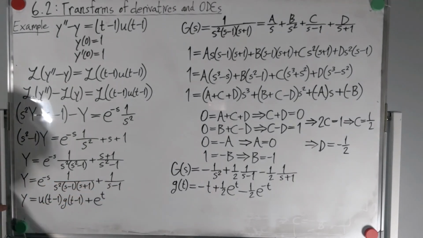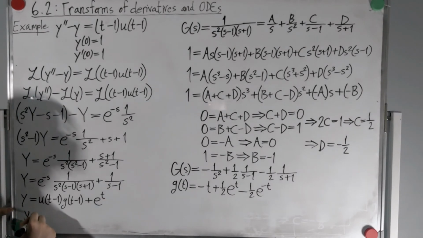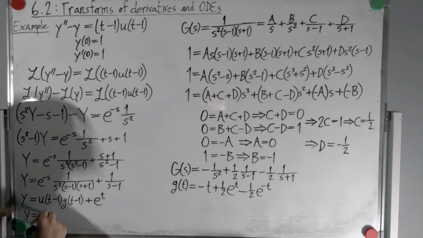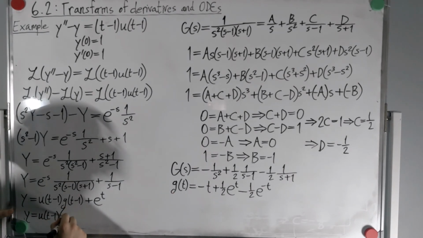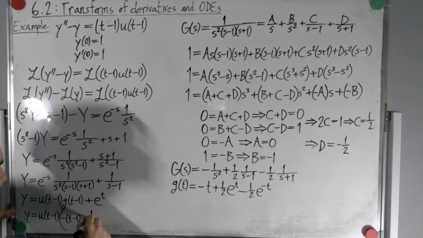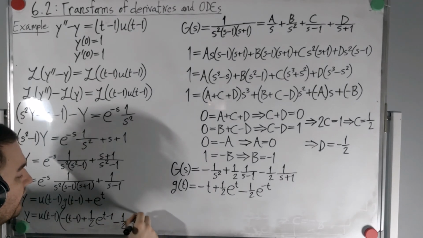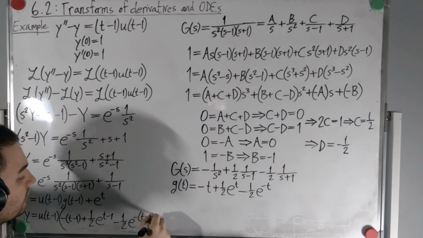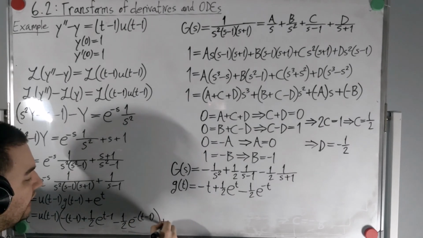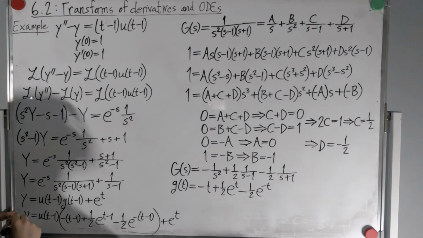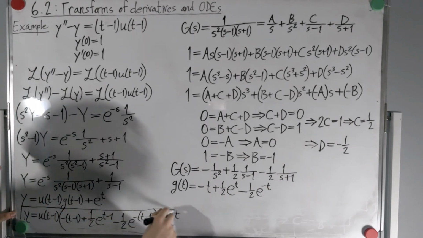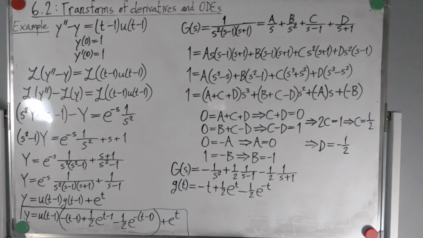So we have u of (t minus 1) times g of (t minus 1), which is negative (t minus 1), plus 1/2 e to the (t minus 1), minus 1/2 e to the negative (t minus 1), plus e to the t. And that is at least one way of writing the solution of our initial value problem.